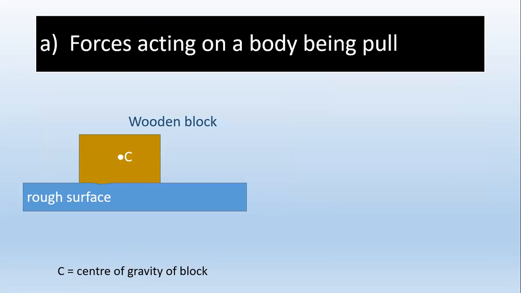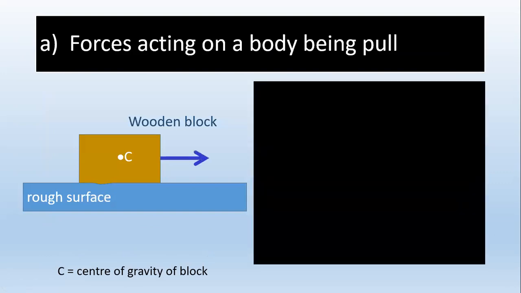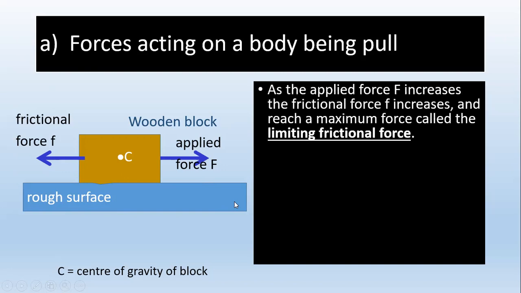Forces acting on a body being pulled: that's your applied force. You are the one who pulls it. This is your wooden block. That's your center of gravity or center of mass. There's a frictional force, that one. There's a rough surface. Rough surface means it has friction. And the applied force increases the frictional force.